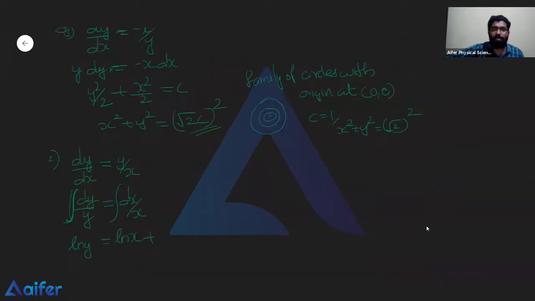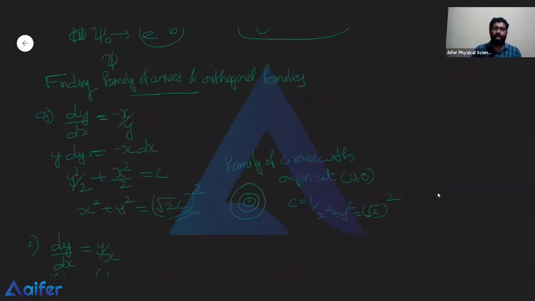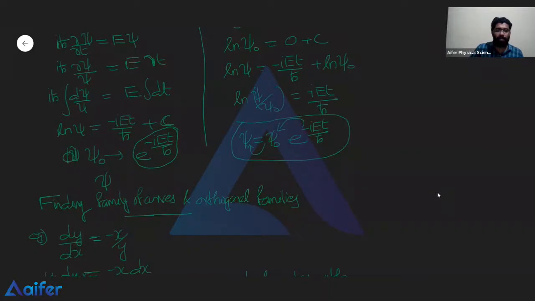Here you can see in the Schrodinger's equation a log term comes, right? But I use the constant as c only. You can use log c also, no problem, because it's a constant.